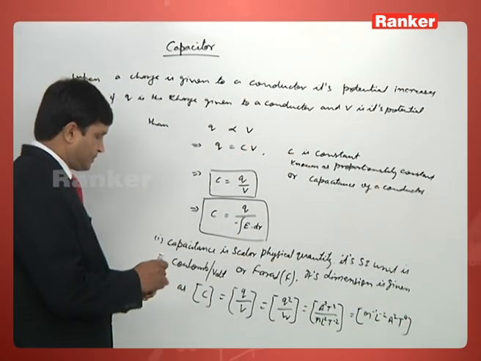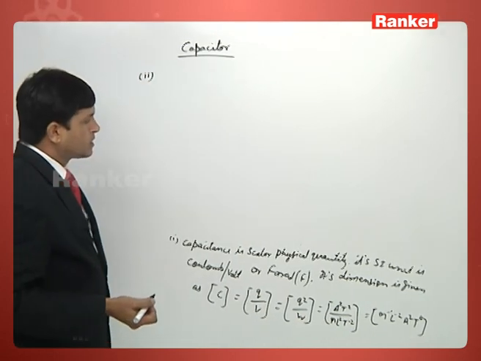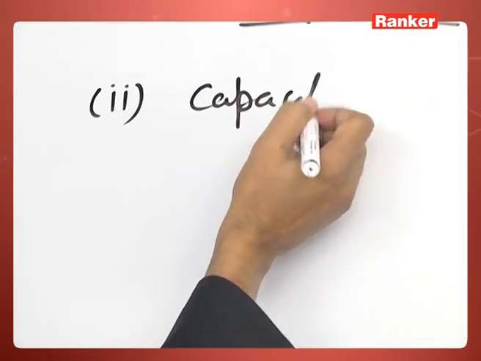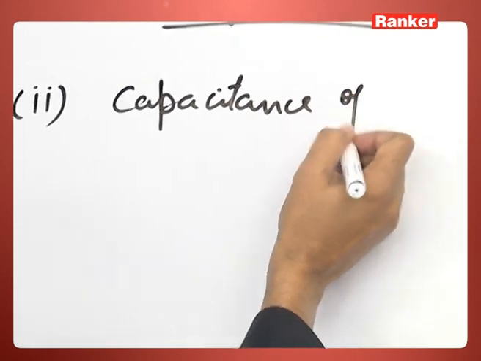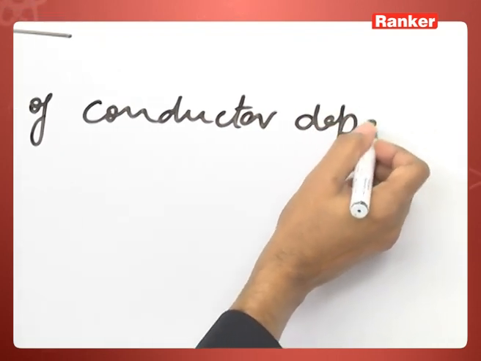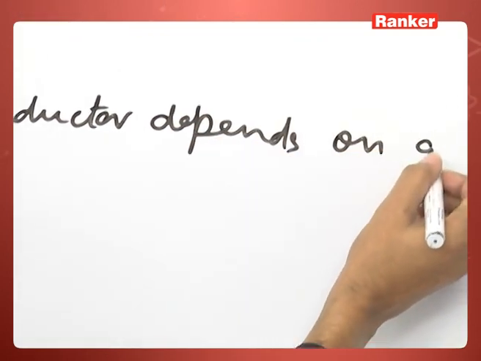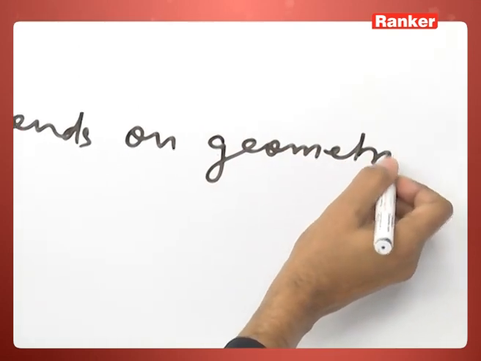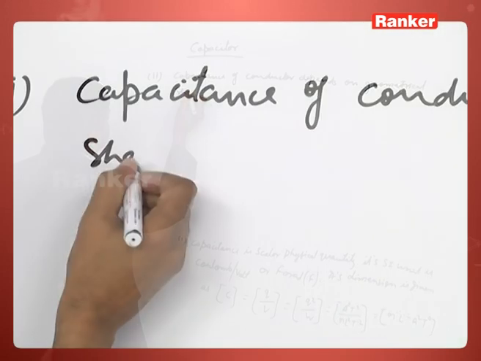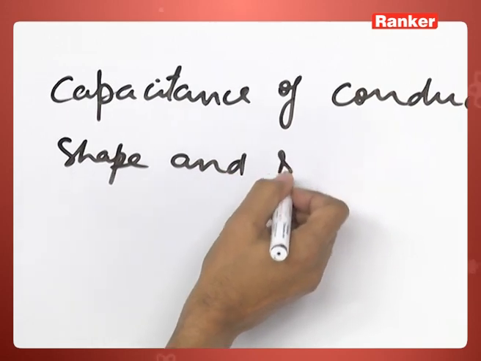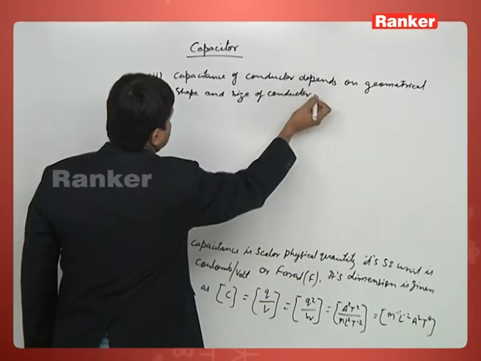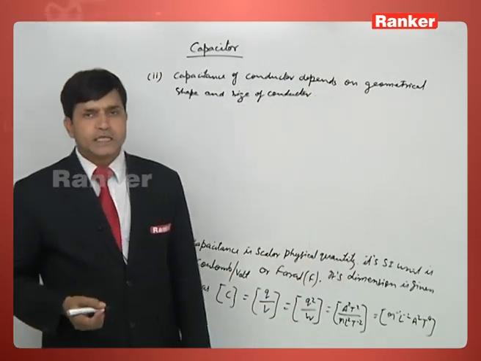Now the second point: the capacitance of a conductor depends on the geometrical shape and size of the conductor.